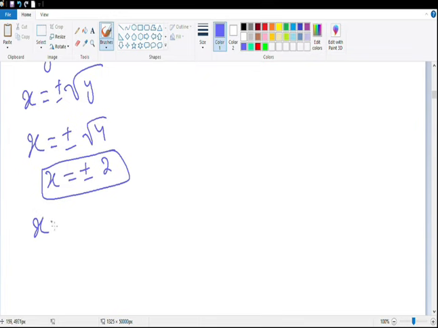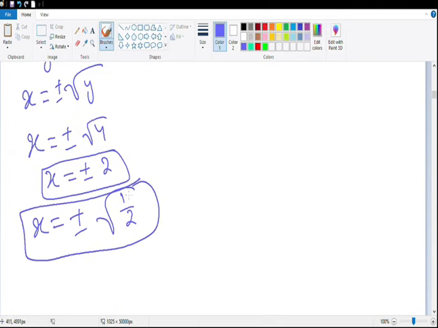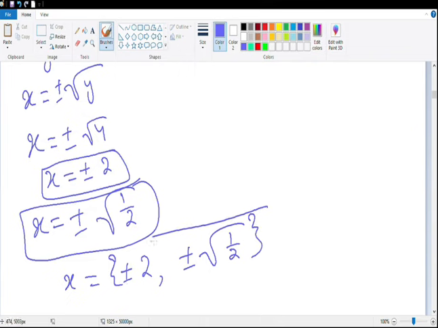And here x is equal to plus minus root of, the second value is 1 over 2. So 1 over 2. This can't be simplified, so yeah. X is equal to plus minus 2 and plus minus square root of 1 over 2. Solution set.